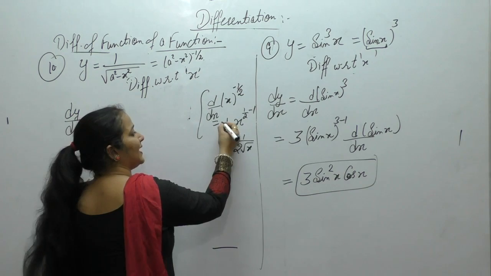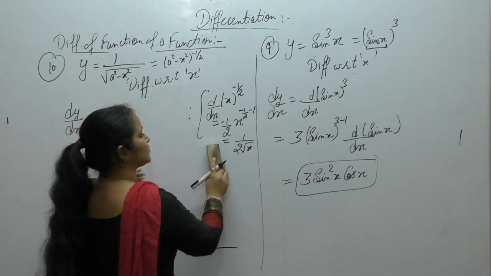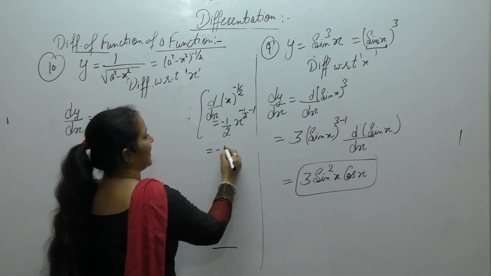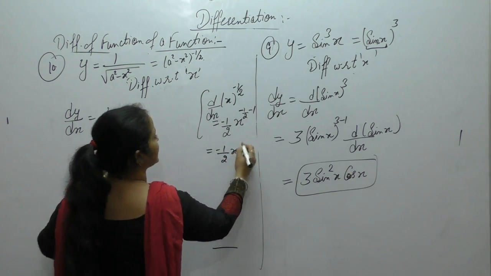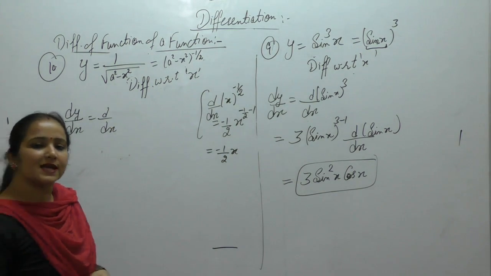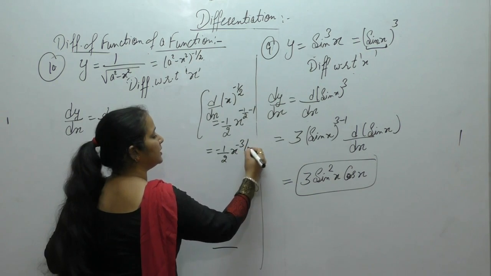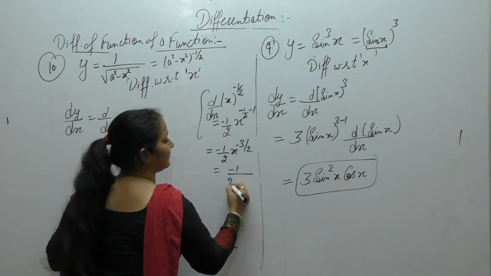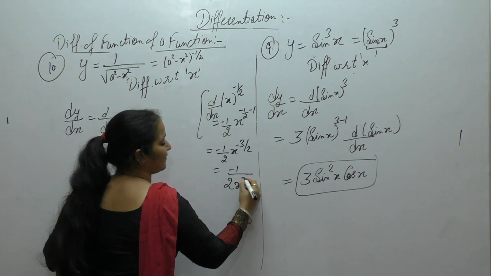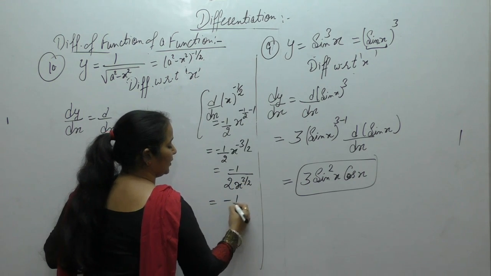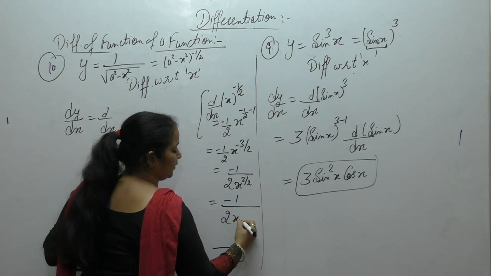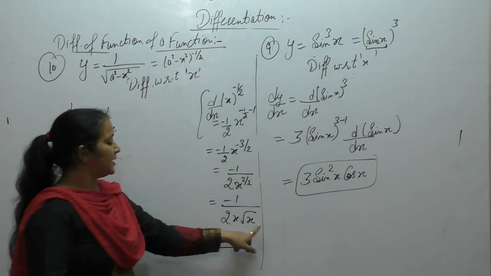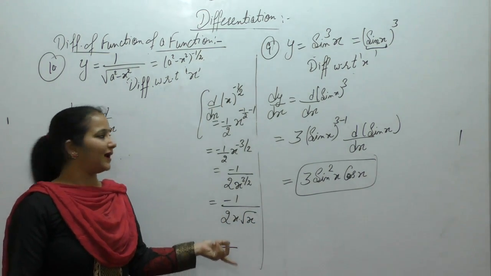So minus 1 by 2 minus 1, what do we get? Minus 1 by 2 x power 3 by 2. We can write x power 3 by 2 as x into square root of x. 1 by 2 plus 1 is 3 by 2.